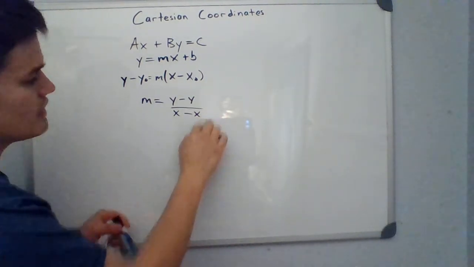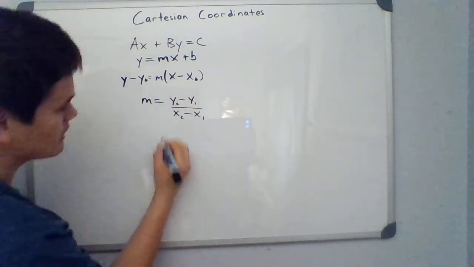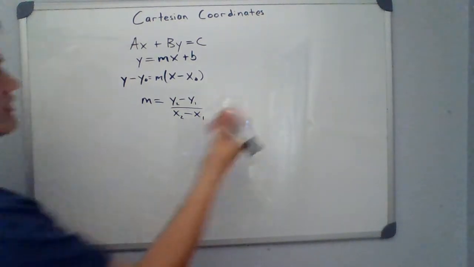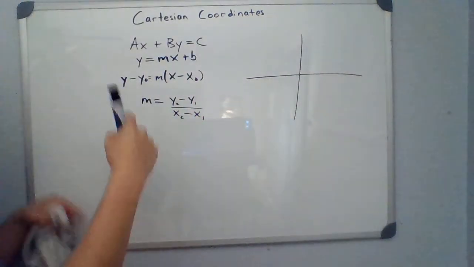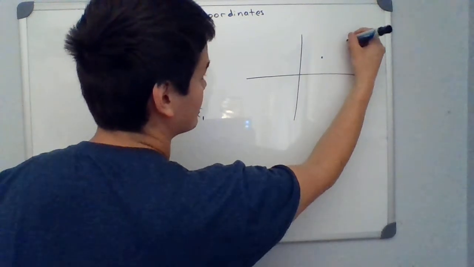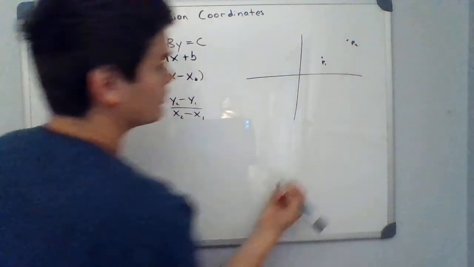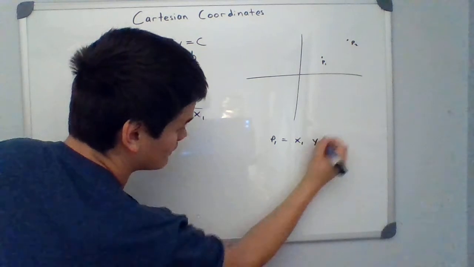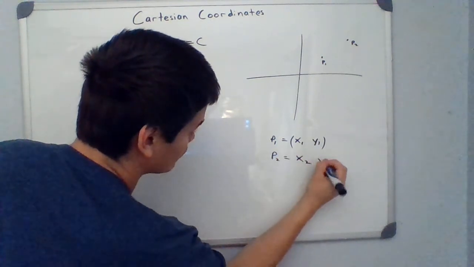So if I were given 2 points, (x1, y1) and (x2, y2), let's write those points here and here. So this is point 1 and point 2. And point 1 is (x1, y1), and point 2 is (x2, y2).